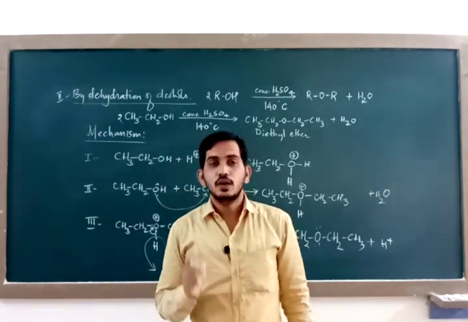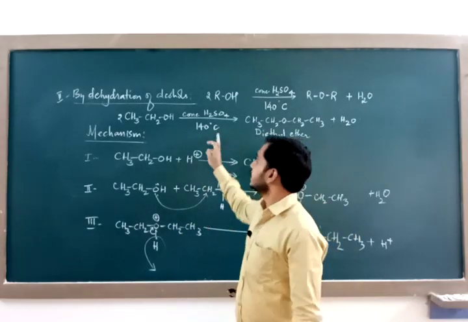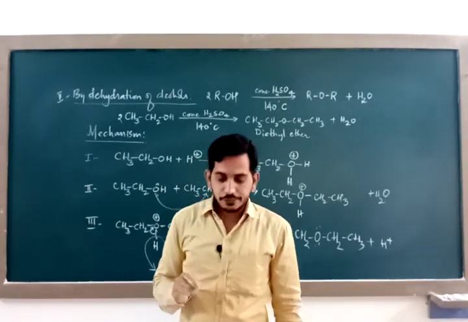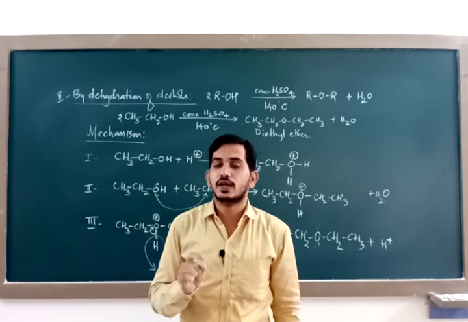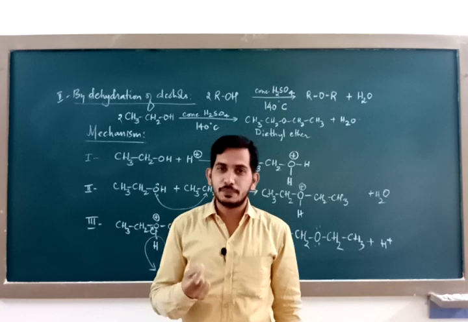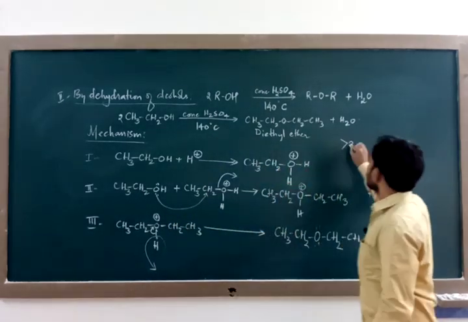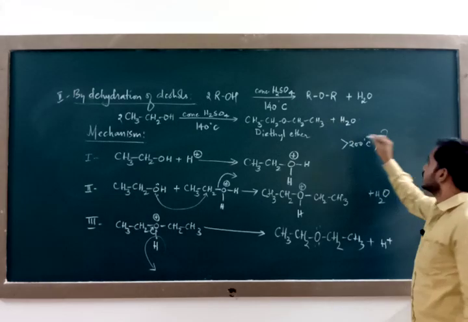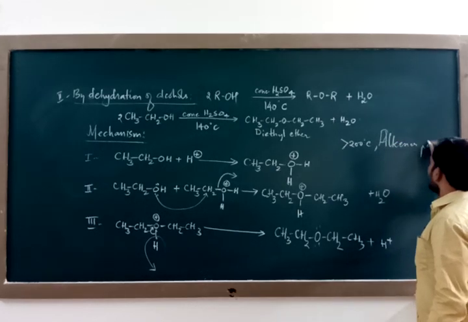Now I did mention why keeping the temperature at 140 degrees Celsius is essential. If the dehydration reaction of alcohols is carried out at higher temperatures, if the temperature crosses 200 degrees Celsius, then you will not have ethers, you will have alkenes as the product.